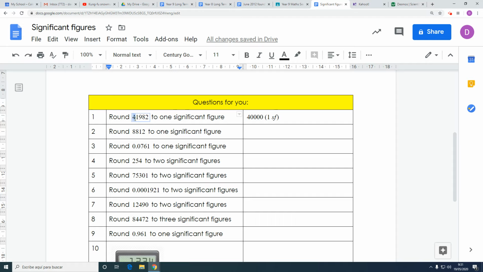And how to answer which one it should be, it wants 1 significant figure, so you look at the second number there, and if it's over 5, which is over halfway, then you round this one up to 5, and if it's under 5, you don't. You keep it at 4. So there's my answer to that one. It doesn't go up.